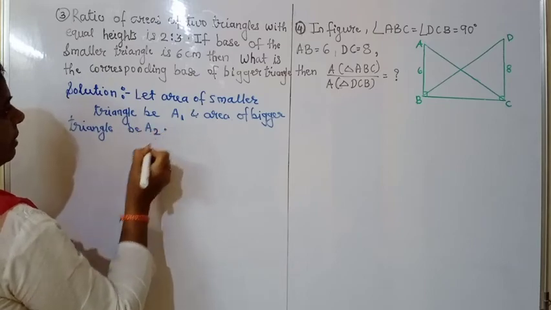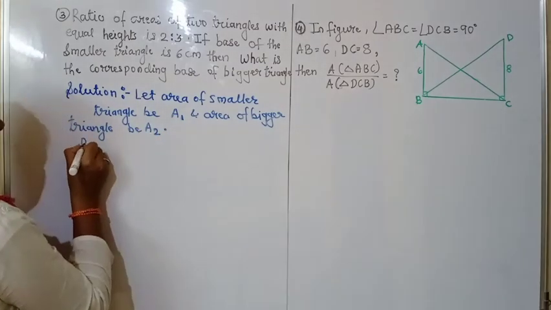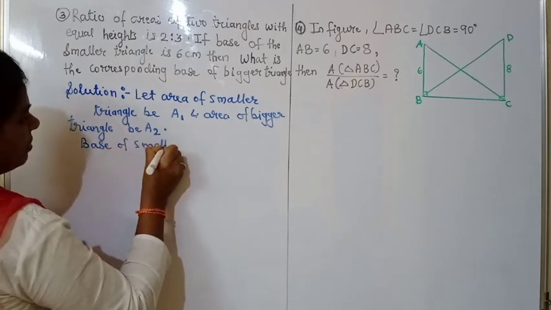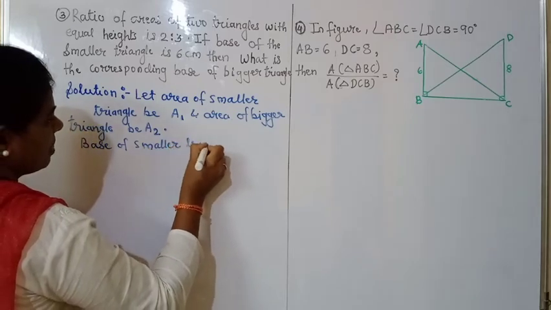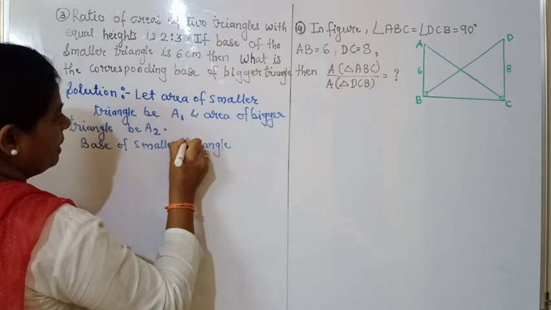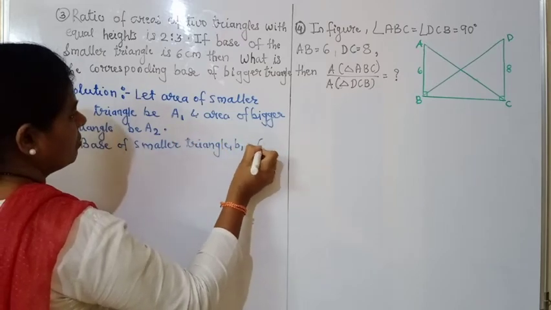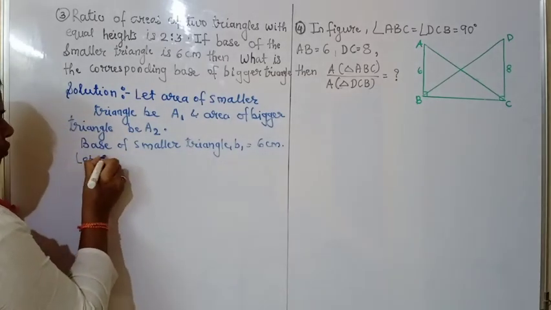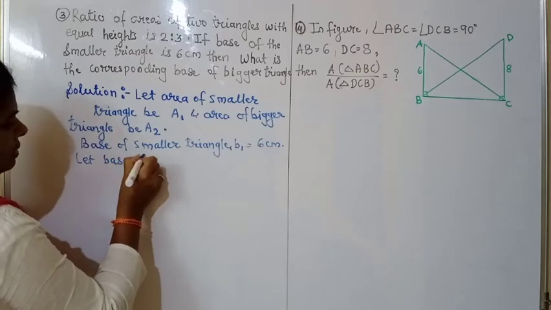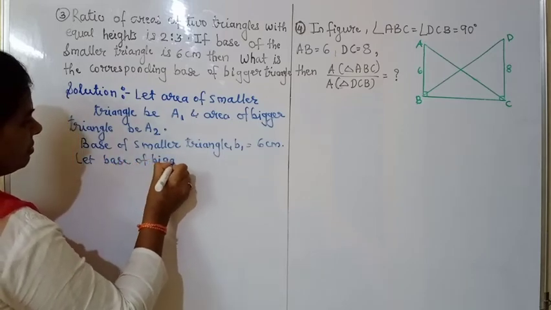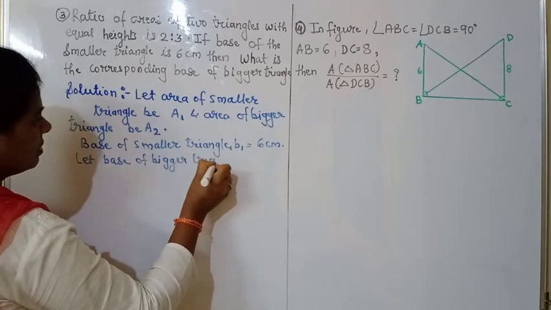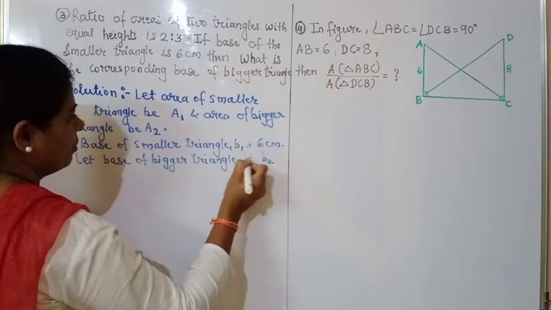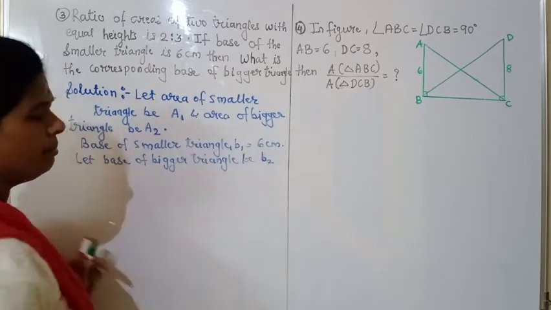Now the base of the smaller triangle is given: base of smaller triangle B1 is equal to 6 centimeter. Now let the base of the bigger triangle be B2.